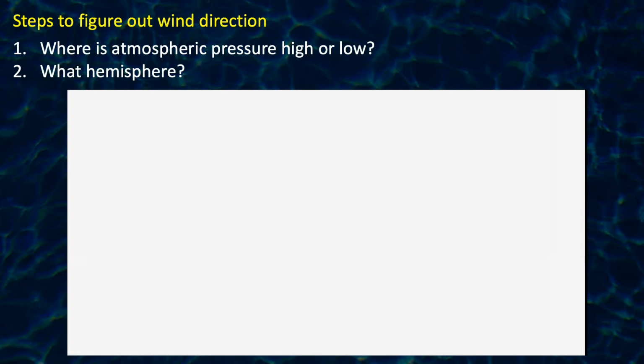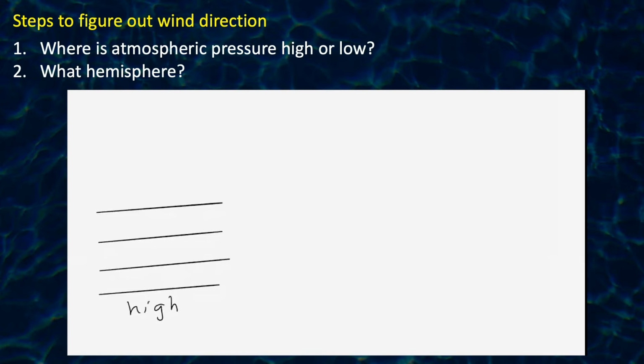Now let's use the same example that we just did, but I'll show you how to do it on paper. Okay, so first I draw lines indicating my different atmospheric pressure. So I have a high atmospheric pressure down here in the south, and I have a low atmospheric pressure up here in the north. And really I'm going to break these up into two steps.